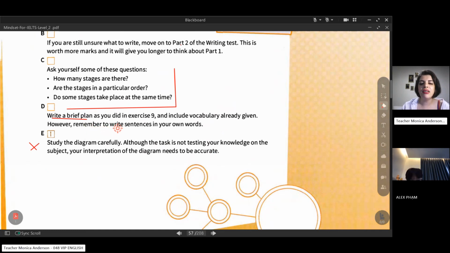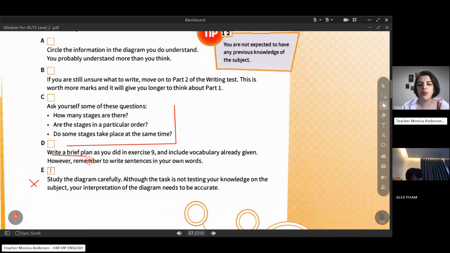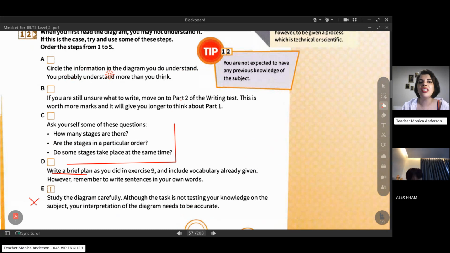Then number 5: after you write the plan, you need to circle the information in the diagram that you do understand. That's really important. Let's see what I understand. So first we study, after that we circle the information that we understand.